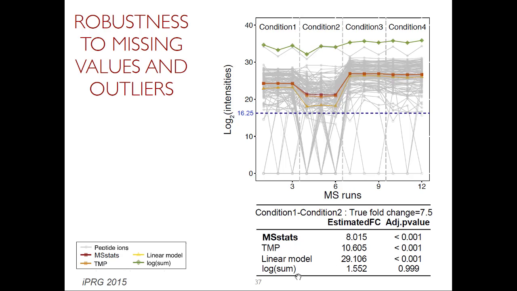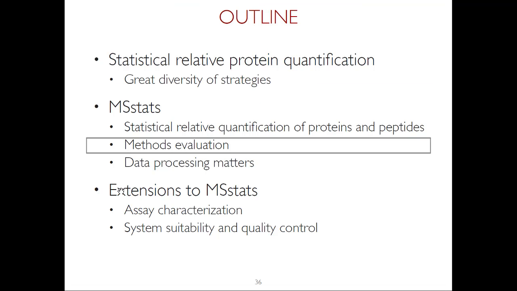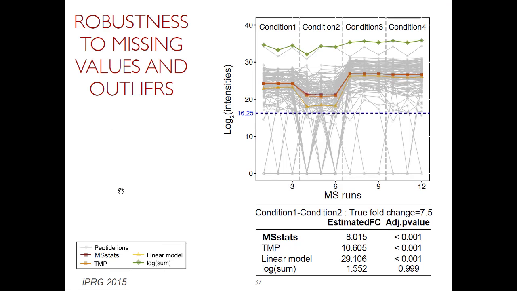A very common summarization, and this is what Skyline is doing, is to take the sum of all the feature intensities in a column on the original scale and then take the log. This is a good way to do this, especially if you have zeros and some interferences among small intensity values.